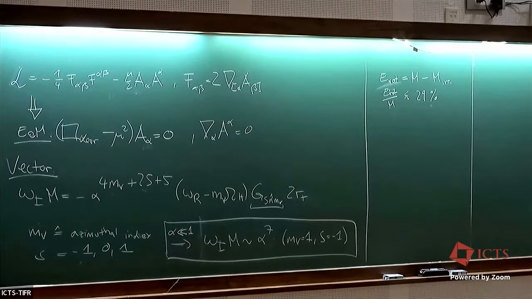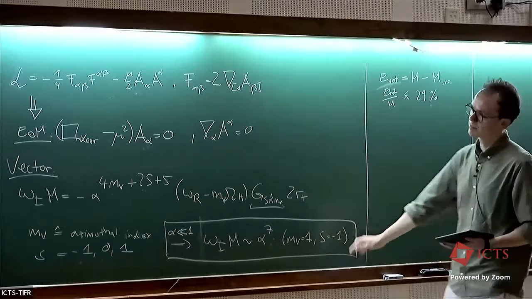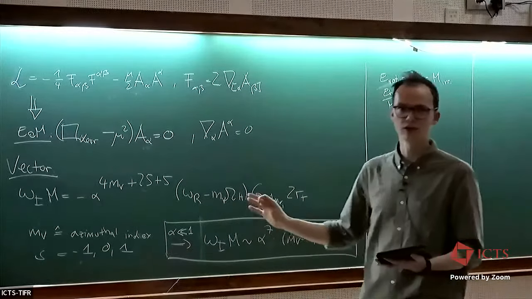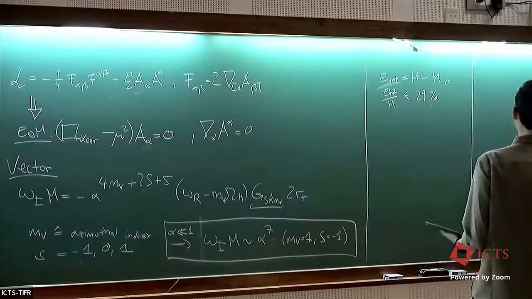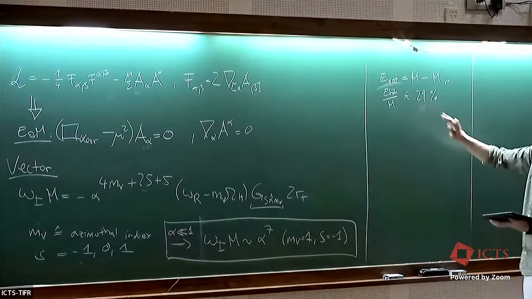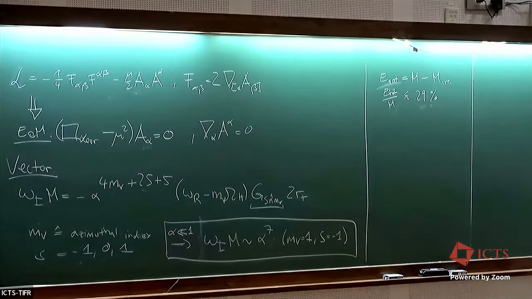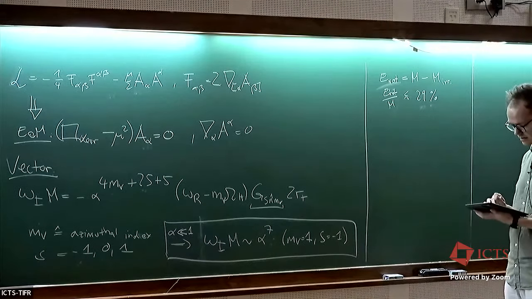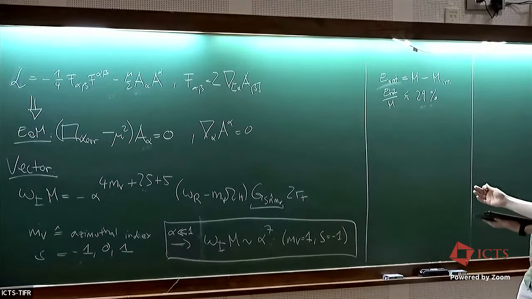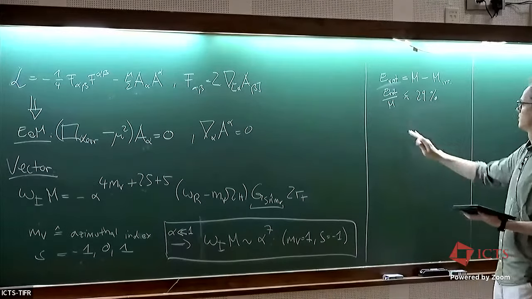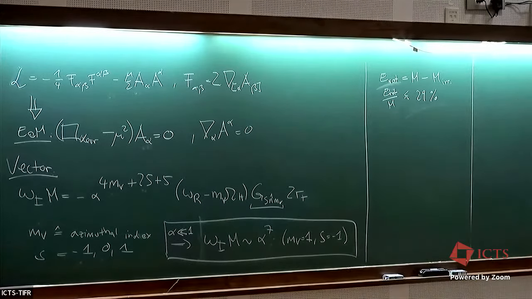Because this process extracts rotational energy from the black hole, it can only go on until these 29% are spent and extracted into the cloud that then sits around the black hole. So how can we understand this process, in which it extracts the energy and then the growth stops, a bit more quantitatively?